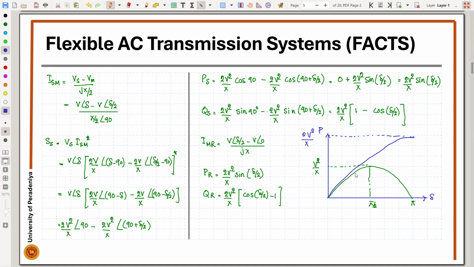Now we can extend the analysis and find out how much power would be provided by the compensator.